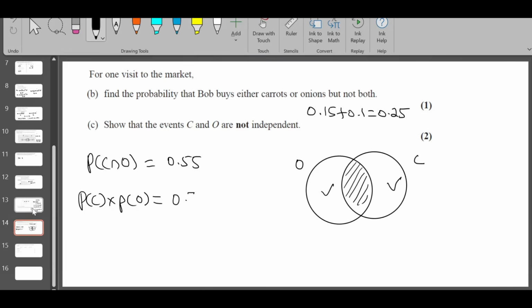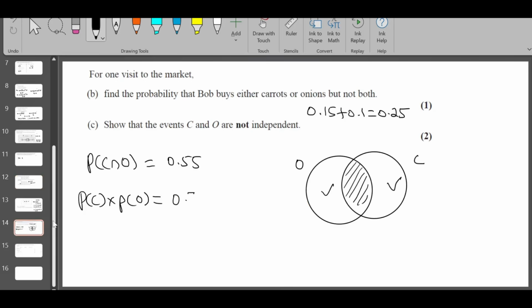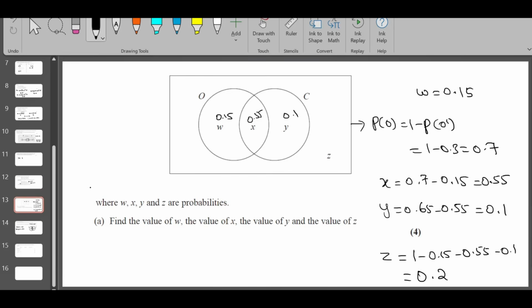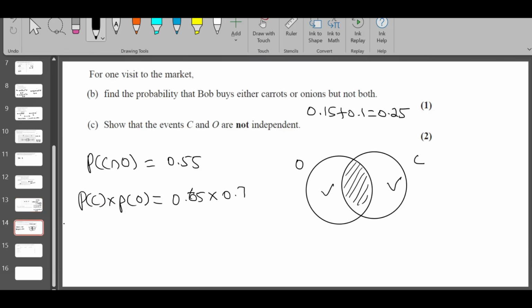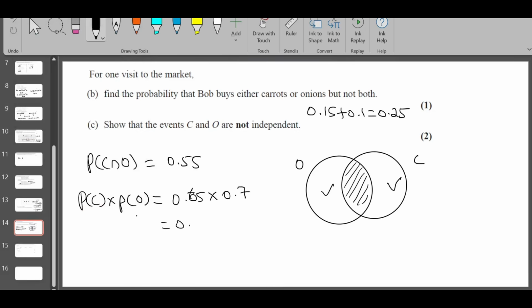P of C is 0.65 times P of O. We calculated P of O here, 0.7. So 0.65 times 0.7 gives 0.455. P of C intersection O is not equal to P of C times P of O.